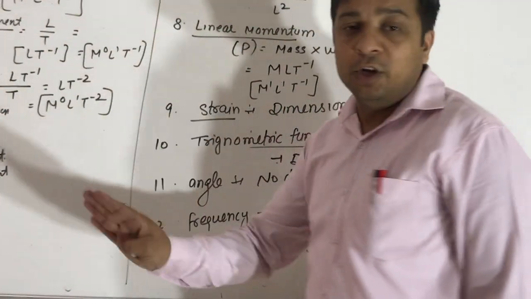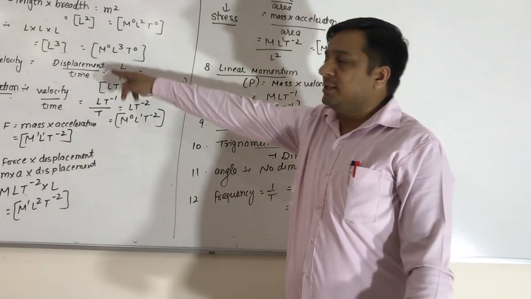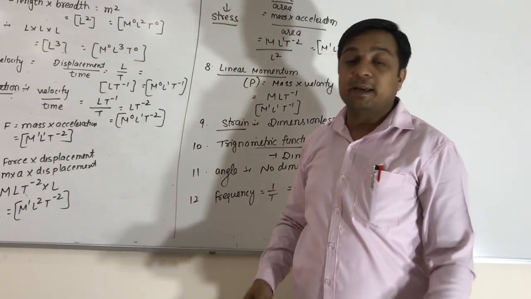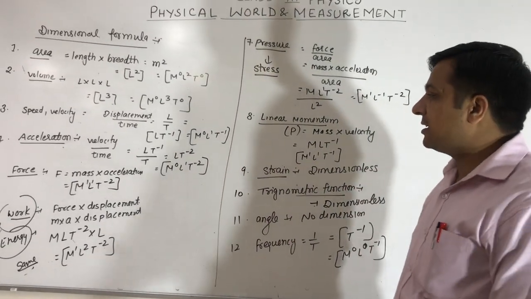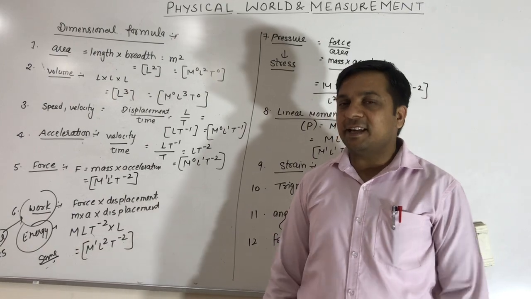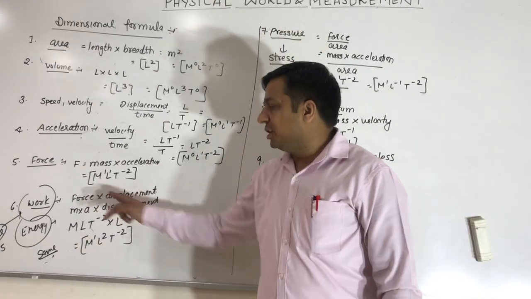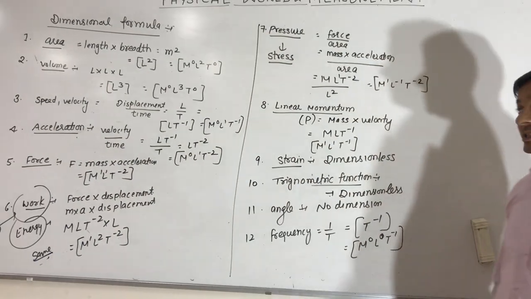L square. Volume, L cube. Speed or velocity, displacement upon time, L t minus 1. Acceleration, I again ask you, the dimensional formula of acceleration is L t minus 2. Force, mass into acceleration, M L t minus 2. Work, force into displacement. Work, energy and torque have the same dimensional formula.